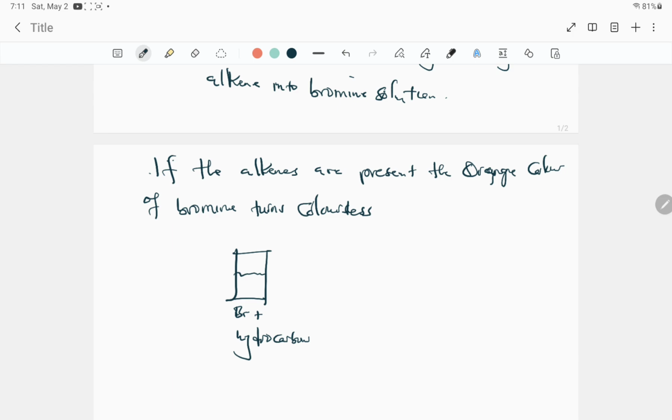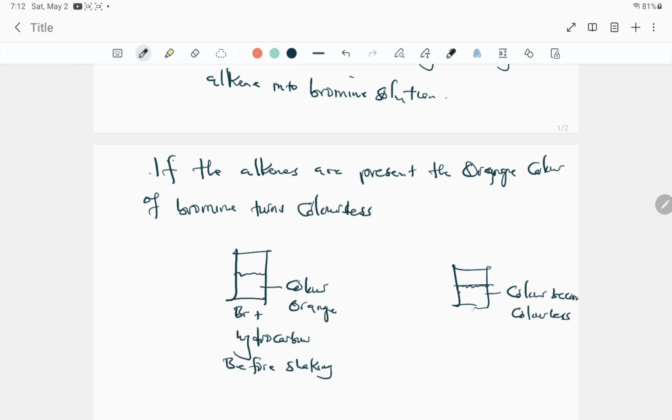Then after shaking, if you find that the color becomes colorless, then the hydrocarbon is an alkene.